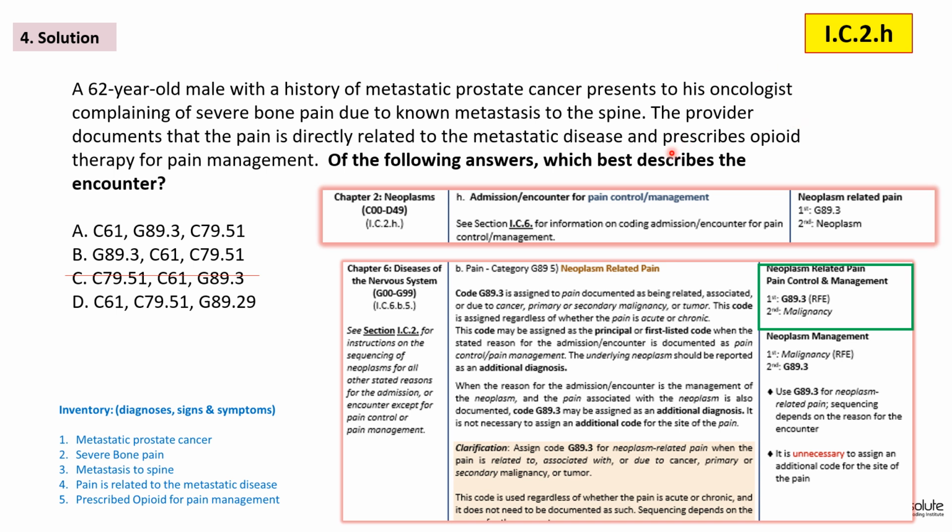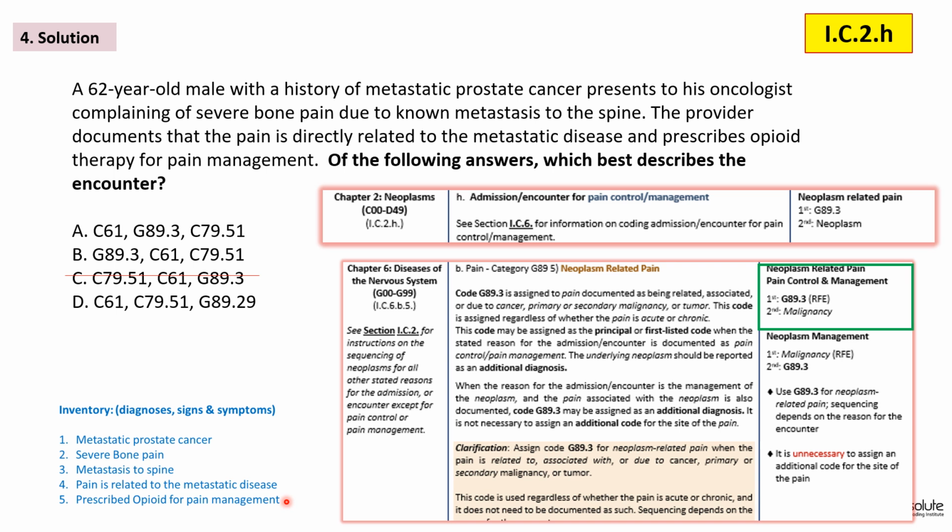The documentation says the doctor prescribed opioid therapy for pain management. And because the pain was chiefly treated, it is indeed the reason for the encounter. And the doctor says that the pain is related to the metastatic disease.